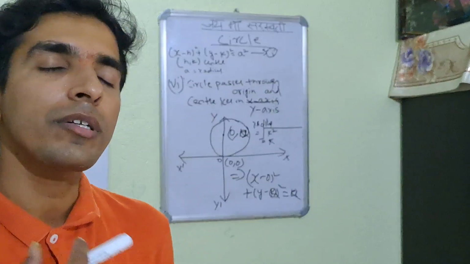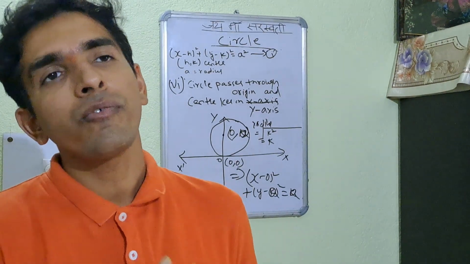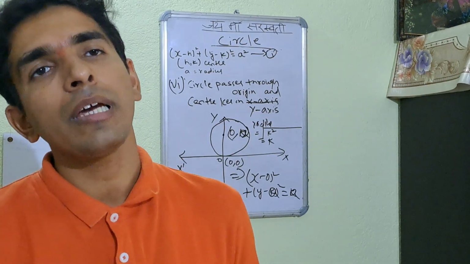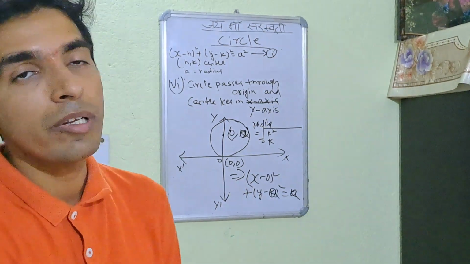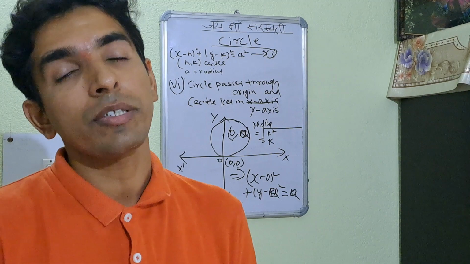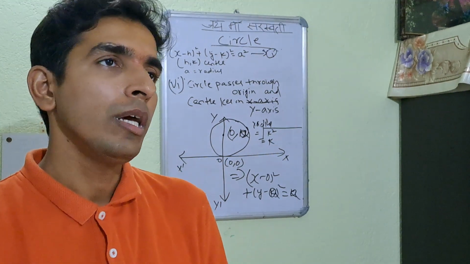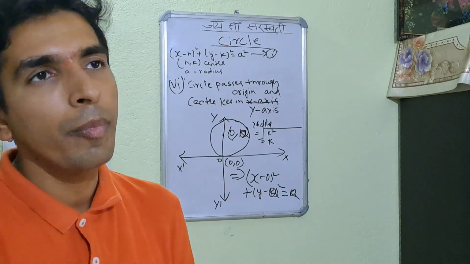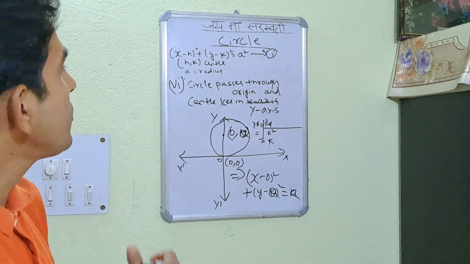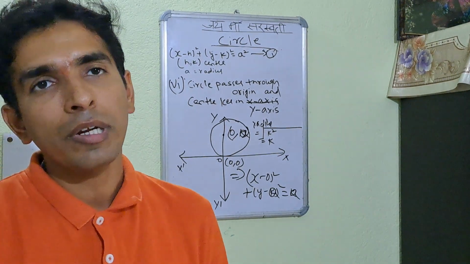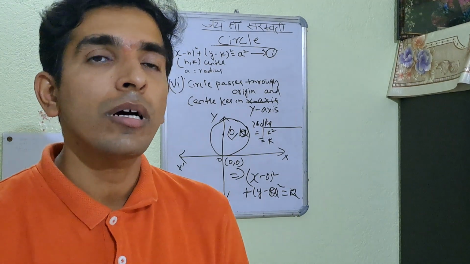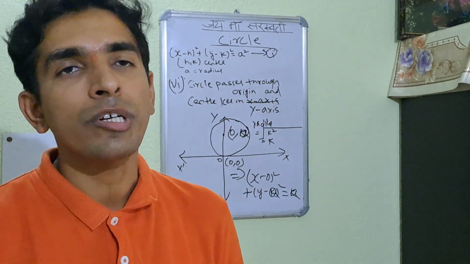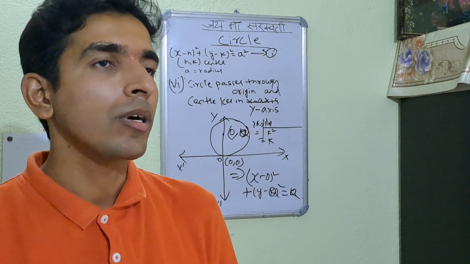As per the terms and conditions, we generated the equation of the circle from the original equation, that is (x minus h) the whole square plus (y minus k) the whole square is equal to a square. So in this series of fundamentals of maths, we formed the foundation of the equation of the circle. Based on this concept, we will be solving the complex numericals related to the circle coming in the exam.